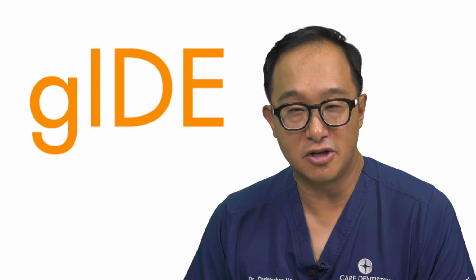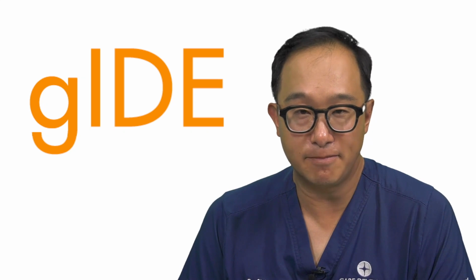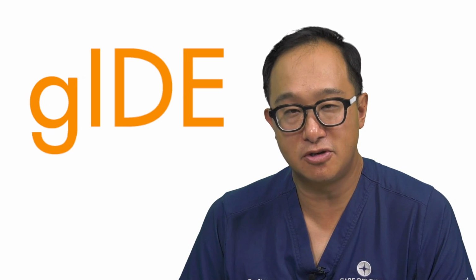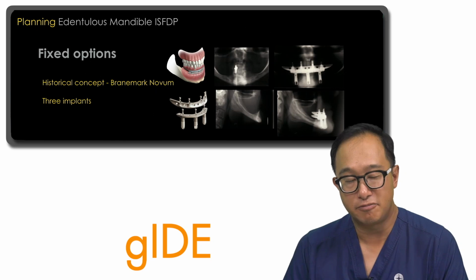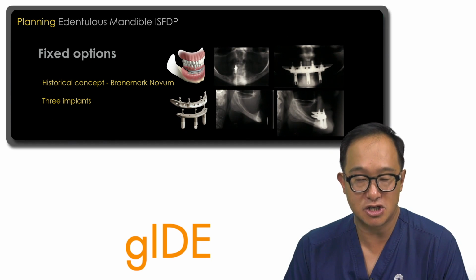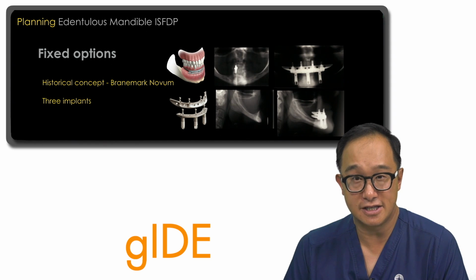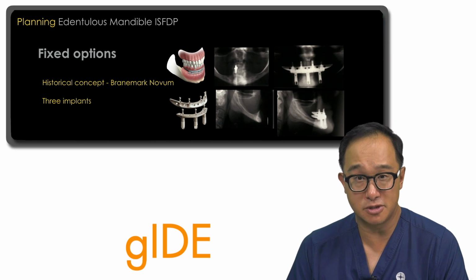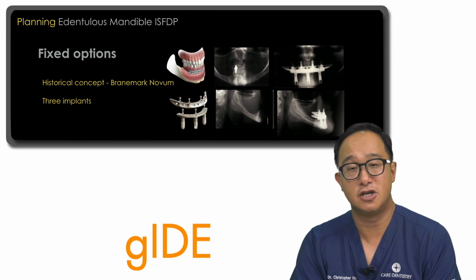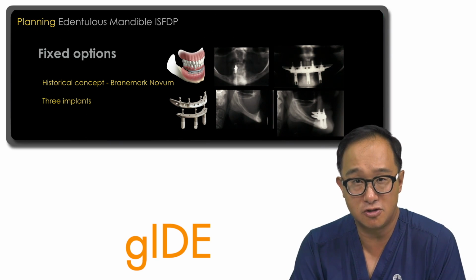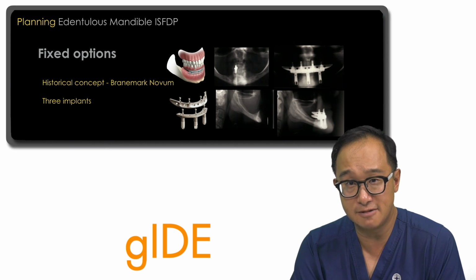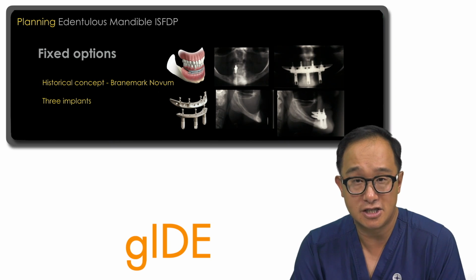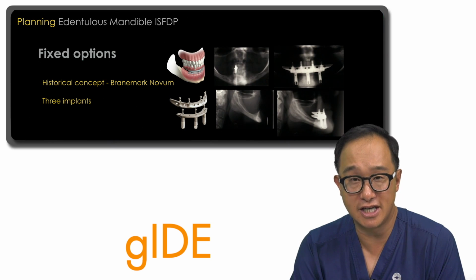So one of the initial concepts was using 3 implants, and it was a concept called Brånemark Novum. Brånemark in the 90s analysed the skulls of different populations, different sex, and different age groups, and they found that everyone's mandible was very similar in terms of its dimensions. So he developed a protocol using prefabricated templates and a prefabricated milled bar that was made to issue to the patient on the same day.